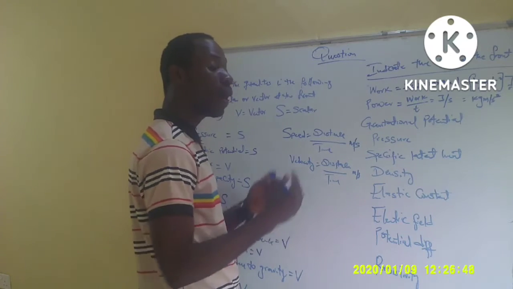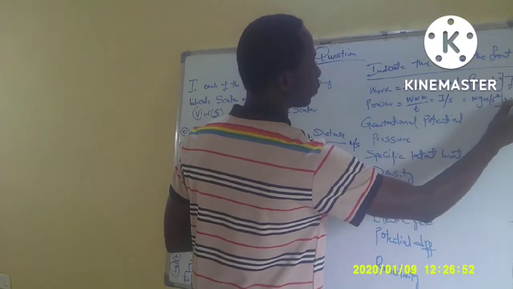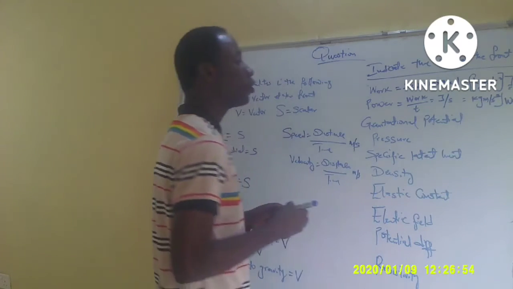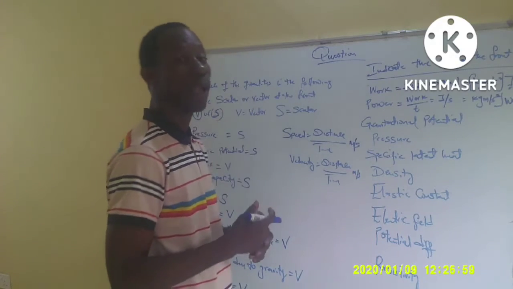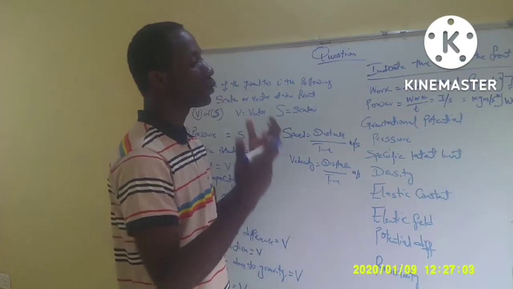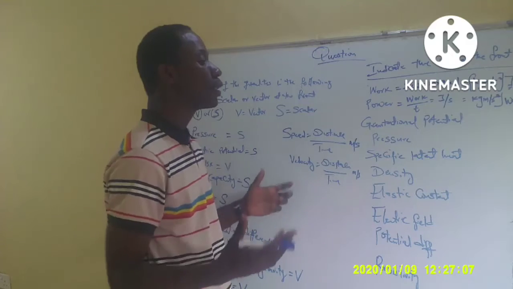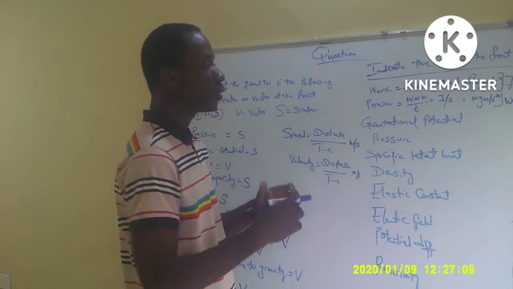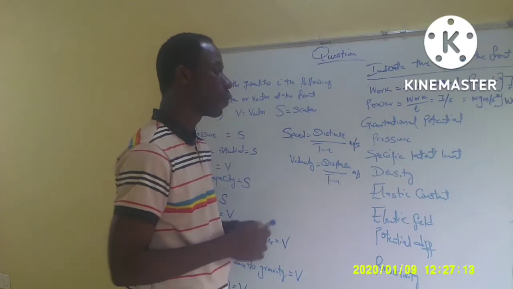In other words, we can also say it is referred to as what? Watt. So work done per second is power, and the collective name for this unit is watt.